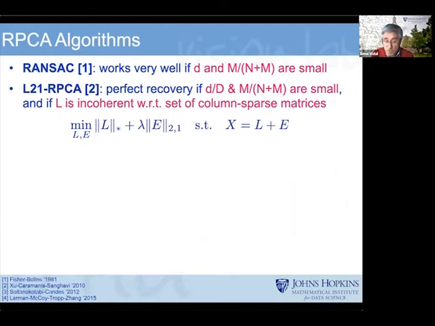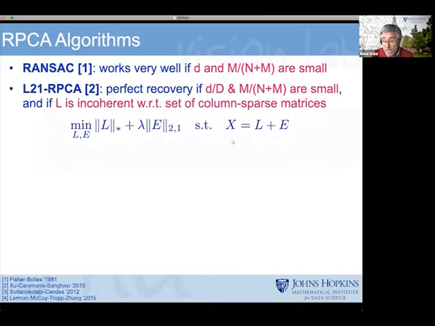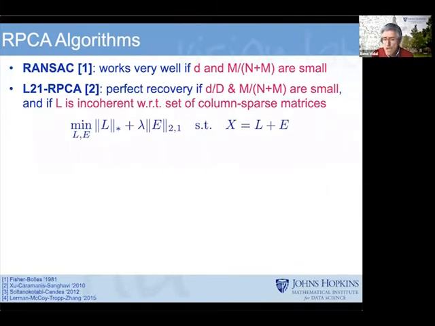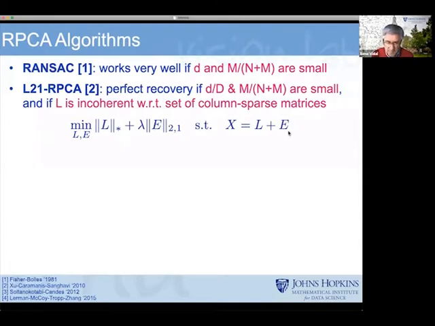So this is an extension where what you say is, okay, I'm just going to decompose my data matrix as the sum of a matrix of inliers plus a matrix of outliers. And therefore, I'm going to enforce that the L matrix needs to be low rank, because it's only going to contain the inliers, and the E matrix needs to be column sparse in the sense that only a small percentage of the columns will correspond to the outliers.